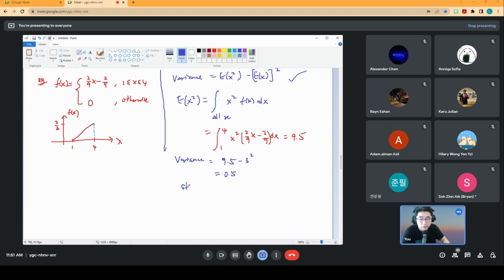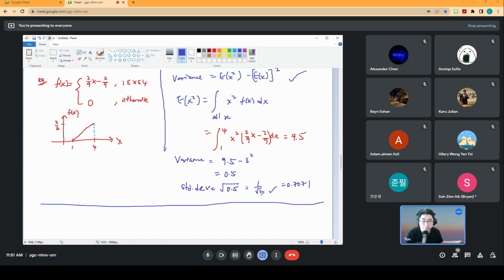And the standard deviation will be the square root of 0.5, so 1 over square root 2 as the answer, 0.7071. Are you okay? Yeah.